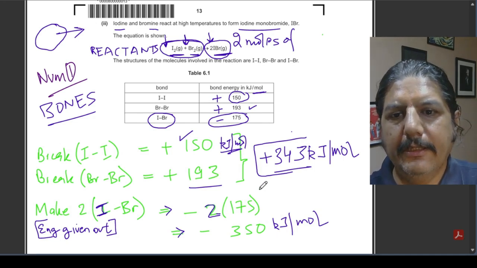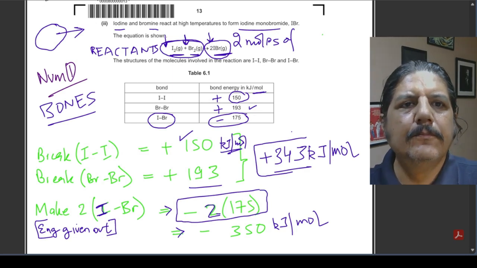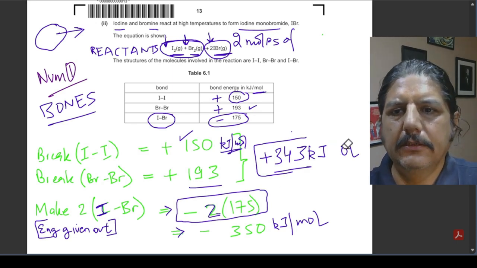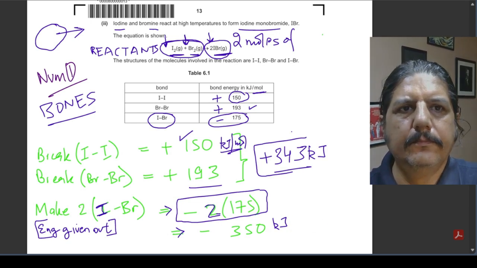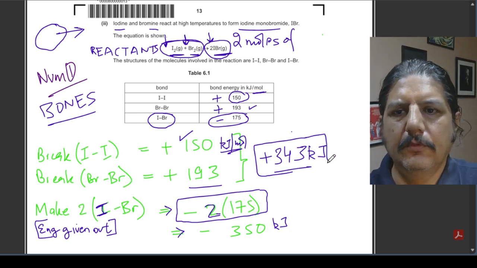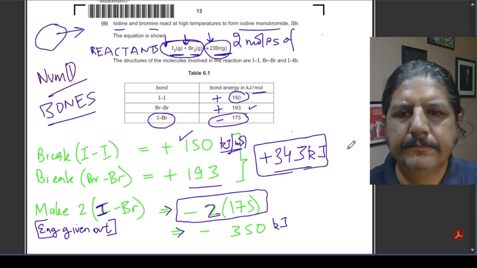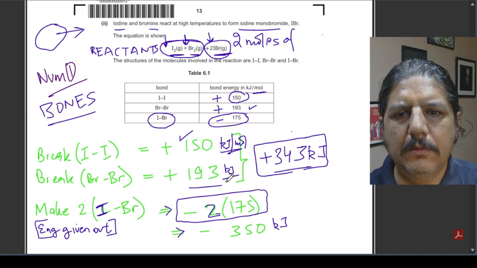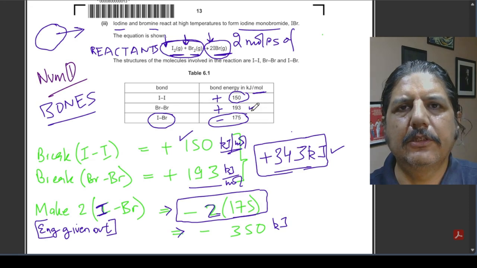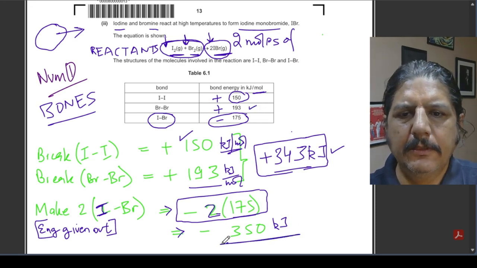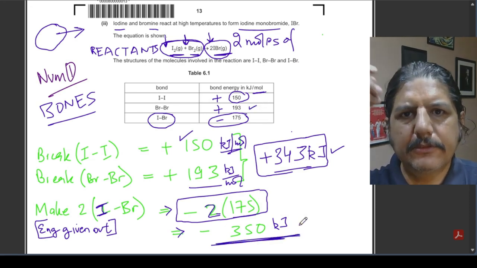So total energy which is being released is, this is the amount of energy that is being released. This would be kilojoule per mole, but then this would be kilojoule. Similarly, this minus 175 is kilojoule per mole, but this is the total energy which is now leaving the system.